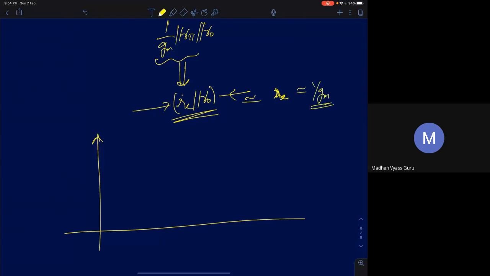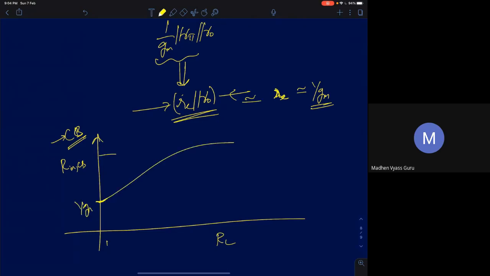So when RL is 0, if I'm plotting the input resistance of a common base configuration, the minimum value when RL is 0 is a resistance of 1 by Gm. It's a nonlinear function.